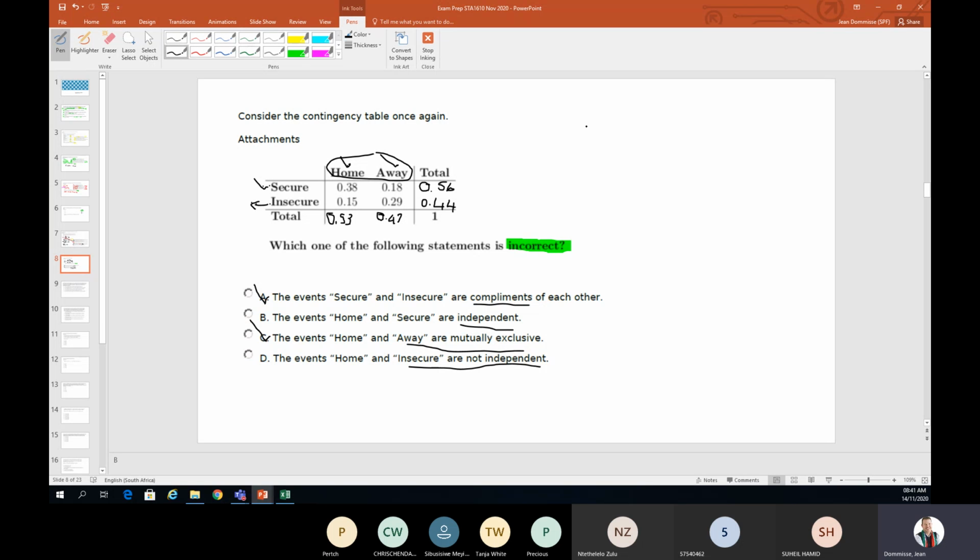Okay. So remember, for independence, and again, you can go to my notes on study unit 4. That's where I'm also now going. So for independence, if something is independent, the probability of A and B will be equal to the probability of A times the probability of B. Okay.